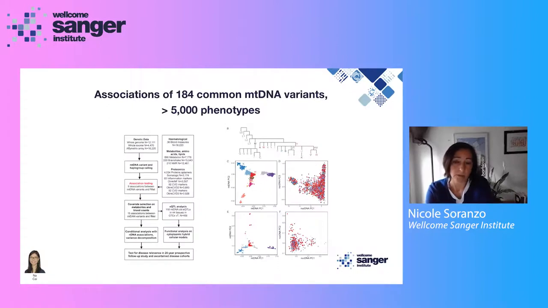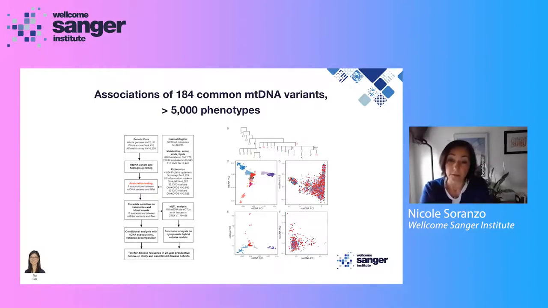So we used the whole genome and whole exome sequencing data to call genetic variants, and we validated that through data collected from Affymetrix arrays. Ultimately, we decided to settle on a set of 184 common mitochondrial DNA variants that were robustly called in both the whole genome and whole exome sequencing data. And we tested association with over 5,000 phenotypes.